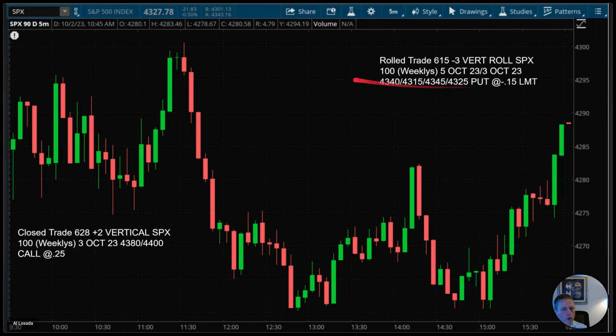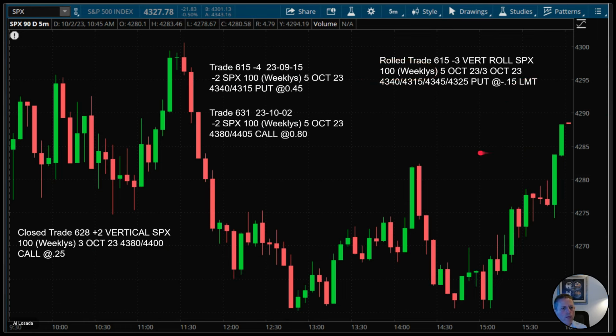And then we rolled the position for negative 15 cents, so a debit of 15 cents. So now we're left with 45 premium and an 80 cent premium for this. And so now we have $3.50. So now it's getting close here to where we are.